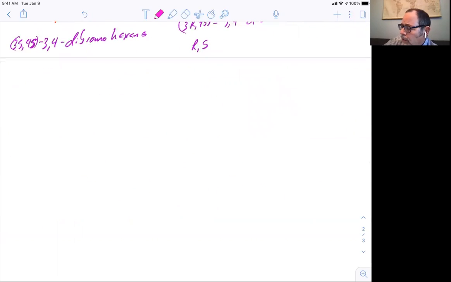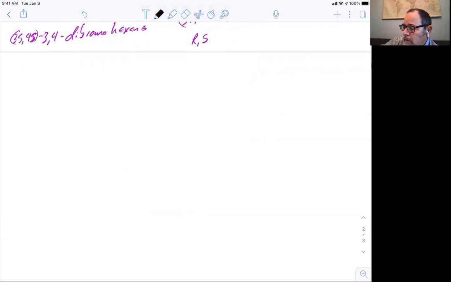So, all right, let's look at some stereochemistry. Let's do some comparisons. I'll draw them up, and then you tell me whether they're diastereomers or enantiomers. So we're going to have pairs.